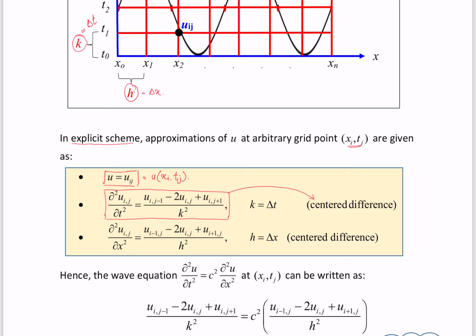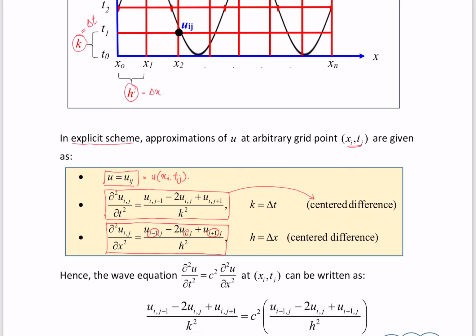While on the right hand side, what you will have is partial squared u, partial x squared, and this right hand side we also will approximate with centered difference, but for x, meaning that we have u(i-1,j), we fix j, and then we have minus 2 u(i,j) and plus u(i+1,j).